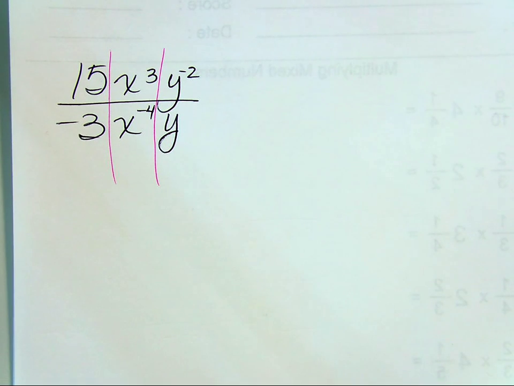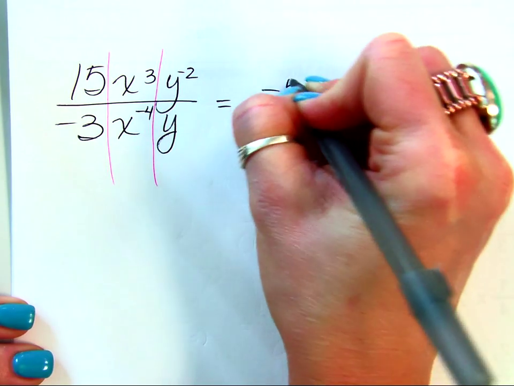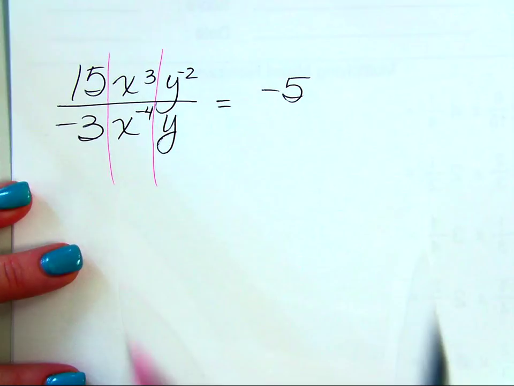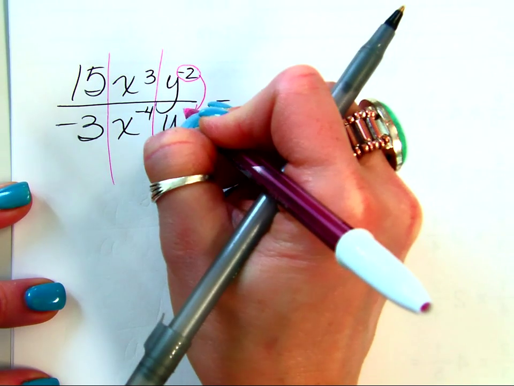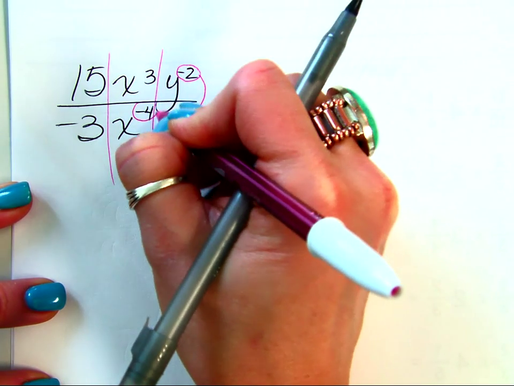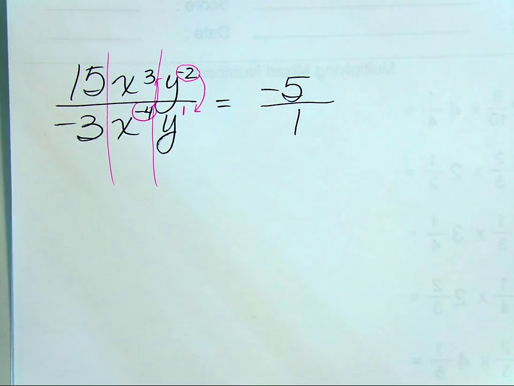What is 15 divided by negative 3? It's negative 5, right? Then which one's going where? Negative 2 is smaller than positive 1, and negative 4 is smaller than 3. So we're going to have a fraction, right?